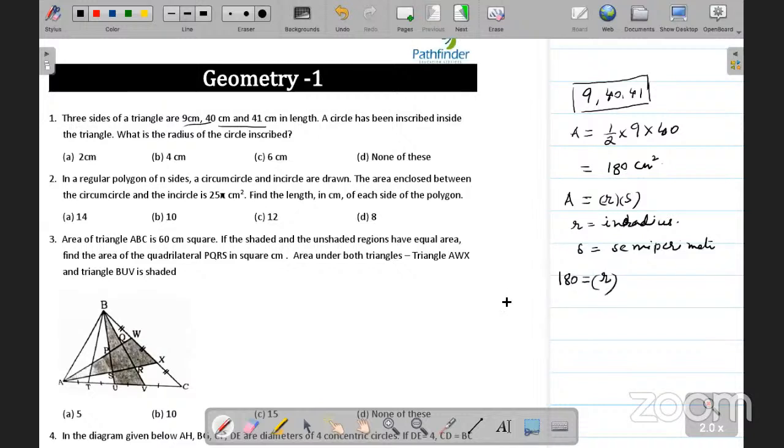That's what we are required to find, because a circle inscribed in a triangle is basically an incircle, whose radius will be the inradius. And the semi-perimeter here will be 25 plus 20, that is 45. So what is the value of R? The value of R is 4 centimeter, which is your answer. Have you understood how to solve this one?